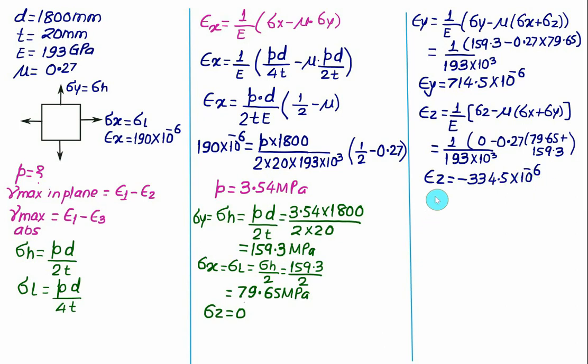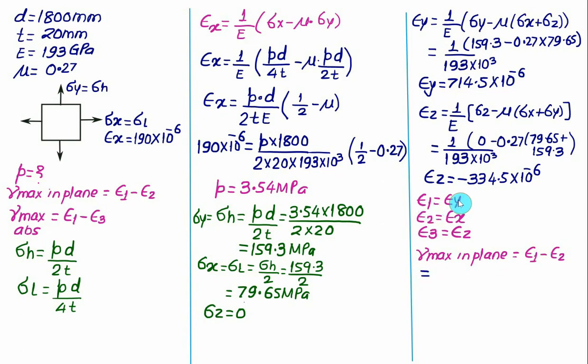Now out of epsilon z, epsilon y and epsilon x, the highest value is 714.5. So in this case epsilon 1 is equal to epsilon y. Epsilon 2 will be equal to epsilon x, and the minimum value is the negative value, so epsilon 3 is epsilon z. Now we can calculate gamma max in plane. Maximum shear in plane is epsilon 1 minus epsilon 2.